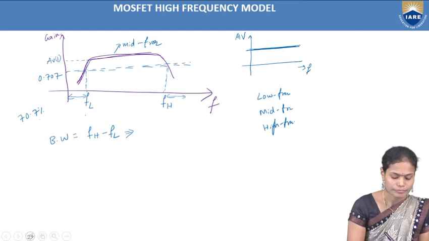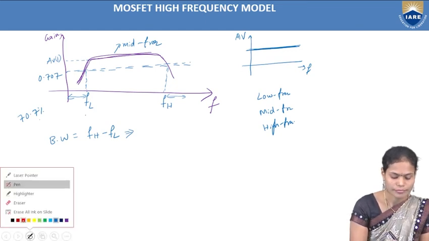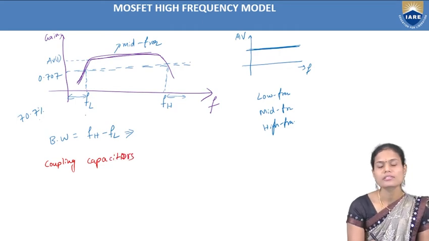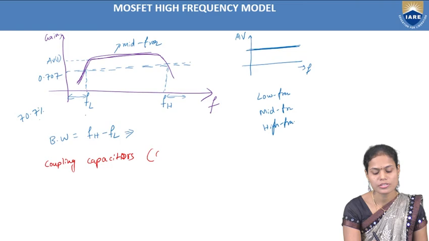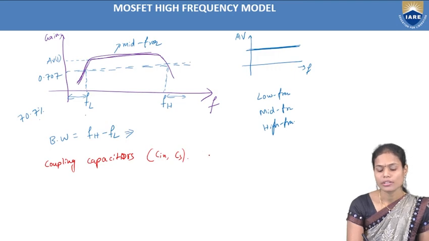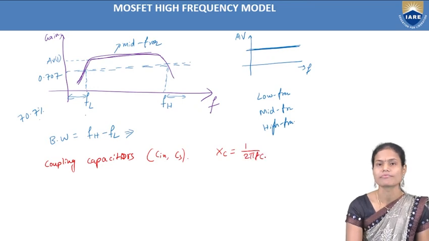For that, I am considering coupling capacitors first. In the case of Mosfet, the coupling capacitors are the input capacitor as well as the source capacitor. In order to see the effect of this, again I am taking the reactance of the capacitor, that is 1 by 2 pi FC.